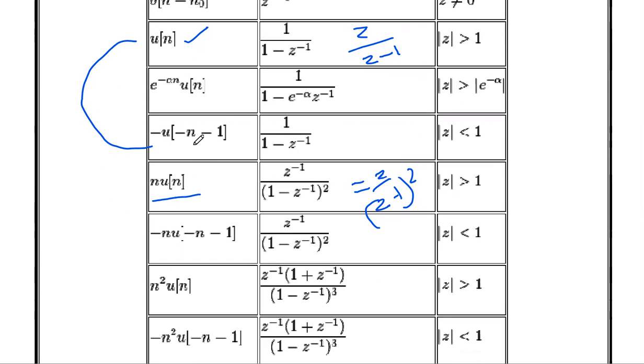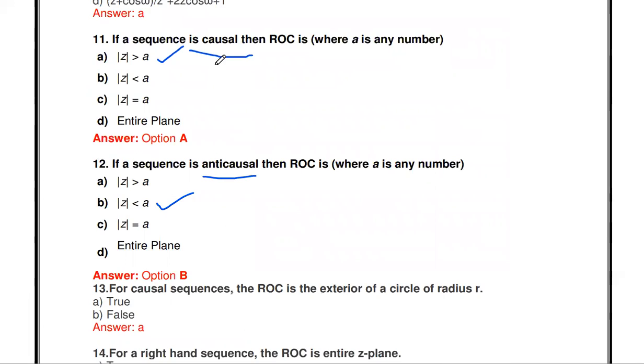Similarly, for an anti-causal sequence, what is anti-causal? u of minus n minus 1. A negative-time-sided signal is called an anti-causal signal. For an anti-causal signal, the ROC is modulus of Z less than some value. So this is the property of the ROC: if the sequence is causal, the ROC is modulus of Z greater than a.